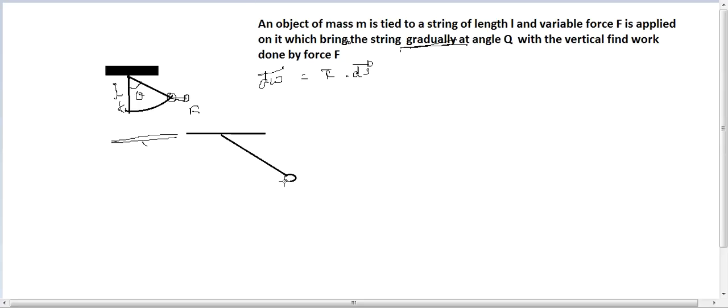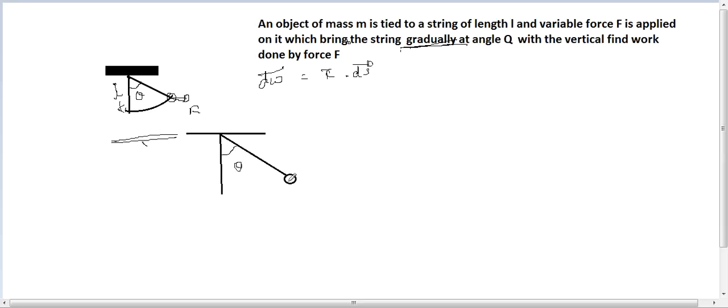This is the object which is tied here, and this angle is theta. So let's draw the free body diagram.